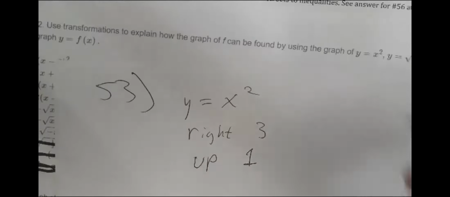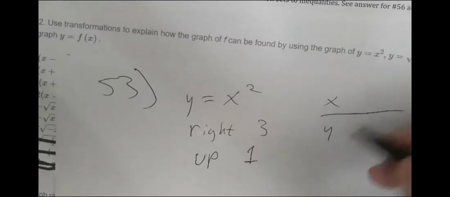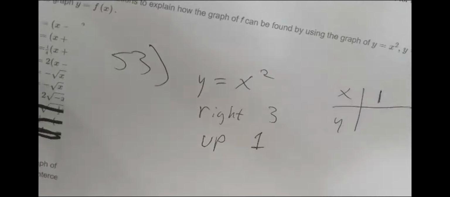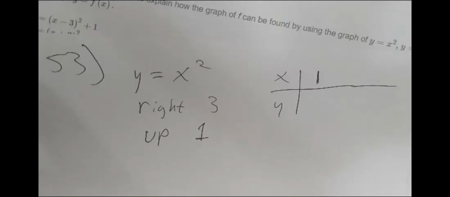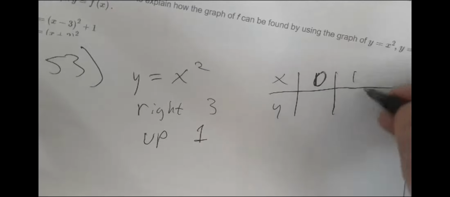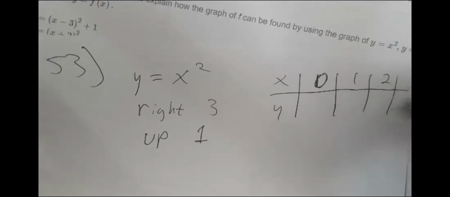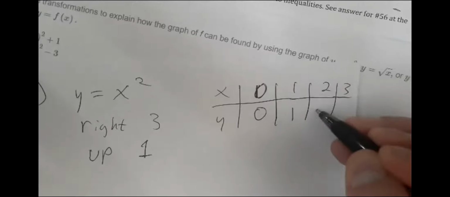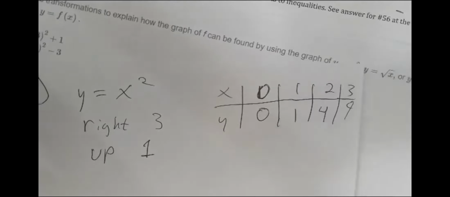If I'm thinking about y equals x squared, I can do my little table. This is my x, this is my y. We'll start with 0, 1, 2. My regular x squared function is going through 0, 0, 1, 1, 2, 4, 3, 9.